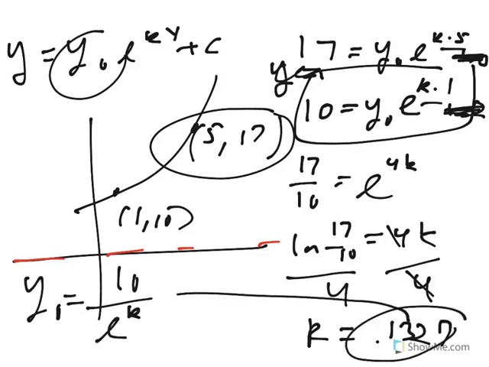The k we just figured out. And then if you do 10 divided by e to that thing, you end up with about 8.75.